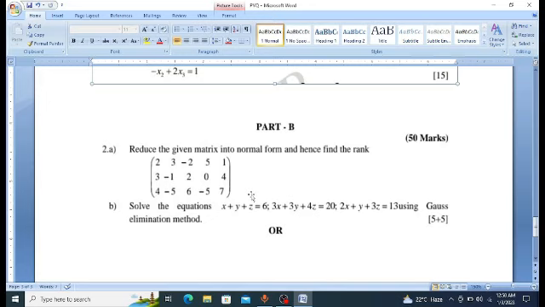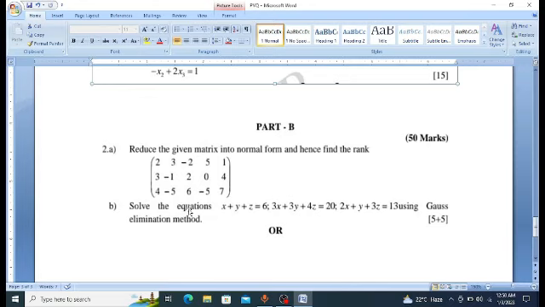Similar type of question, just apply the row operations and column operations. And next we have the last question: solve the equations using the Gauss elimination method. As I told you previously, write the matrix A and A by B, reduce into echelon form, write the equations from the echelon form and solve them to get the solutions of x, y and z.